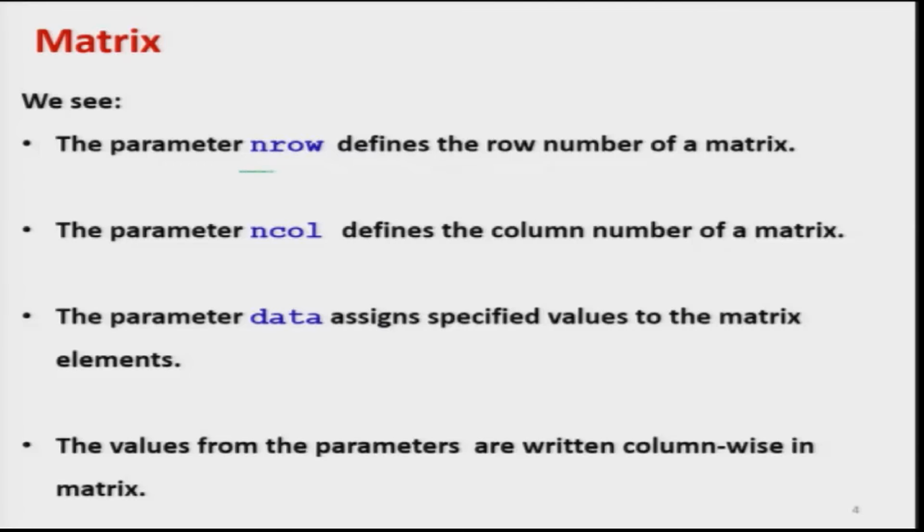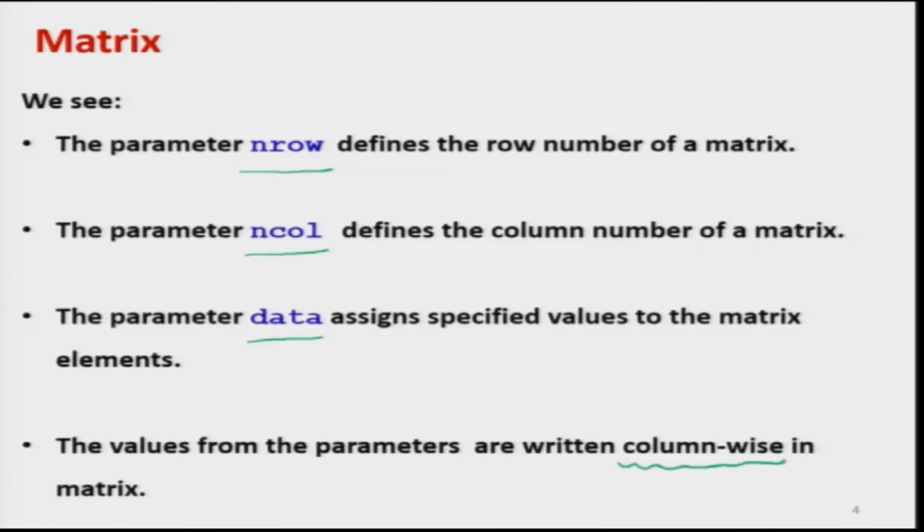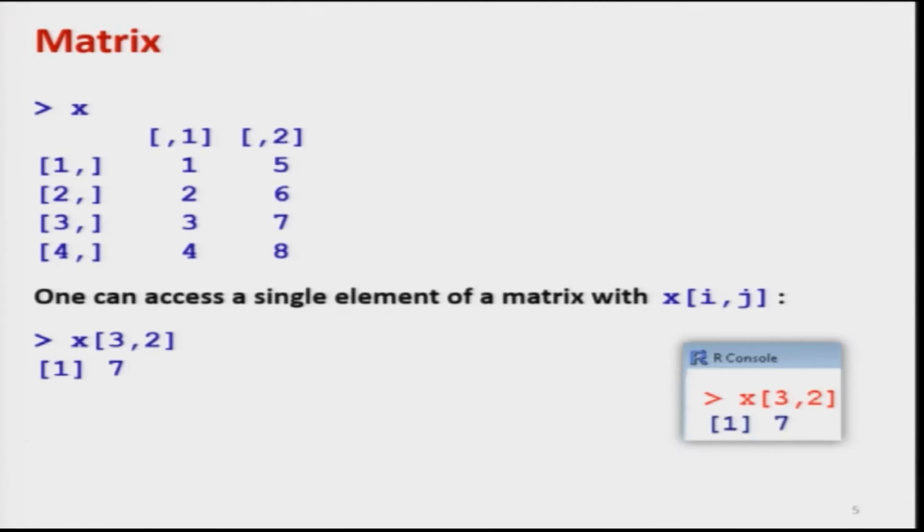Just for your remembrance, the parameter nrow defines the number of rows, the parameter ncol defines the number of columns, and the parameter data defines what data has to be given inside the matrix. If you do not give any option on whether the data has to be entered row-wise or column-wise, the default is column-wise, as we have seen in the earlier slide.